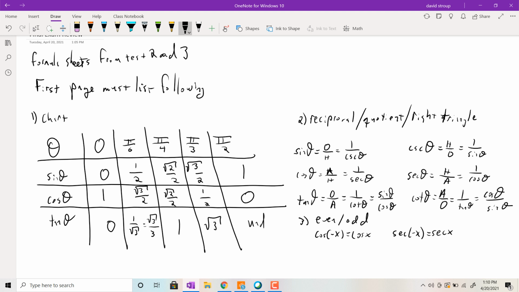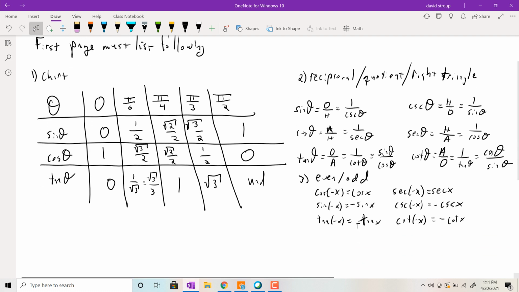So sine of negative x is negative sine x. Cosecant of negative x is negative cosecant x. And then tan of negative x is negative tan x. And then cotan of negative x is negative cotan x.